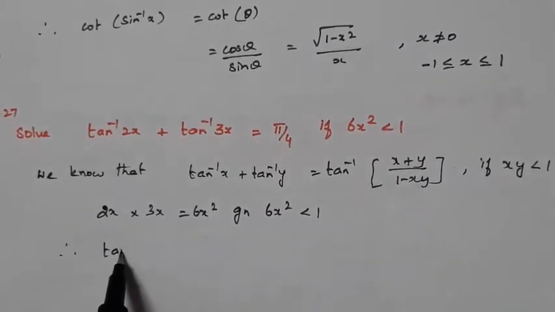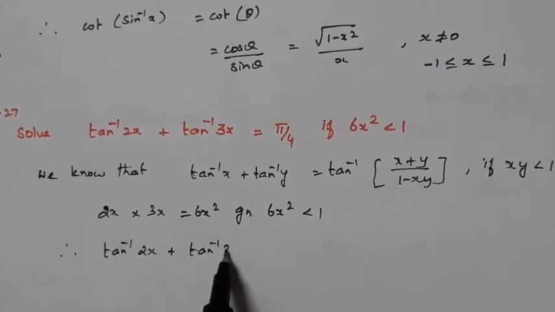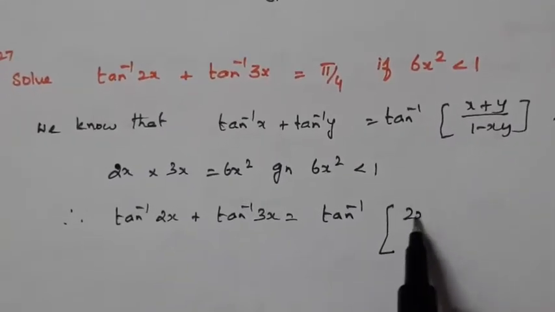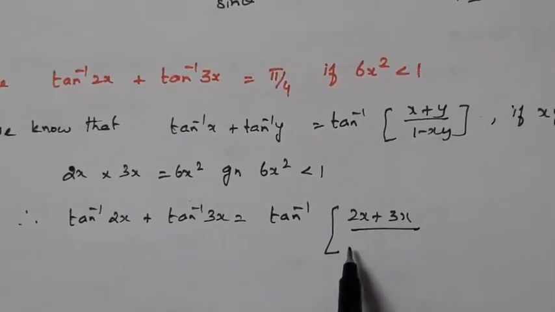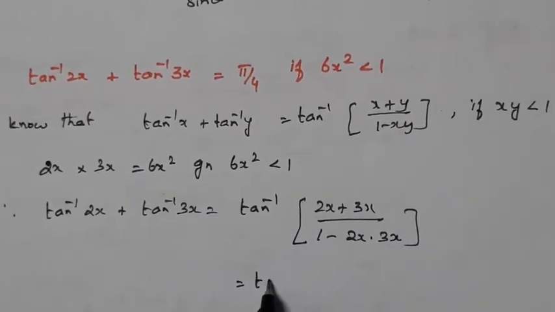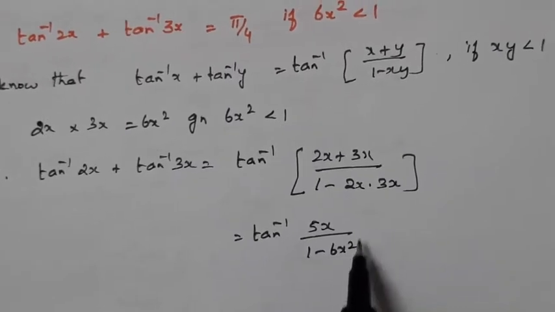Therefore, we can apply the formula: tan inverse of 2x plus tan inverse of 3x is equal to tan inverse of 2x plus 3x divided by 1 minus 2x into 3x, that is equal to tan inverse of 5x divided by 1 minus 6x squared.